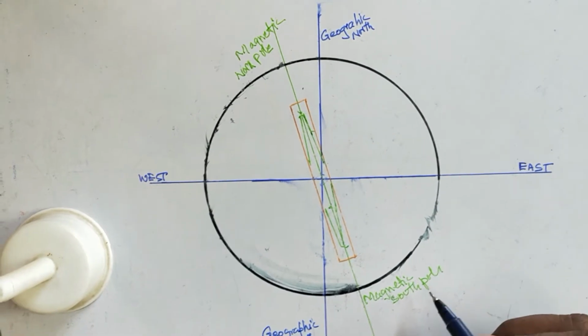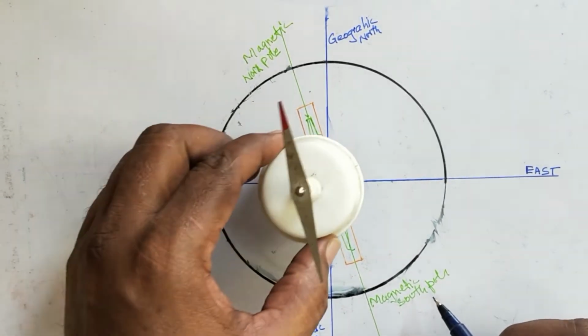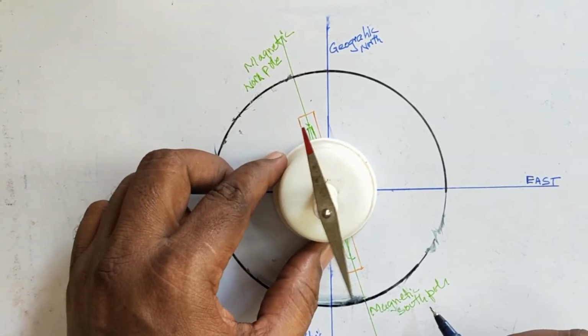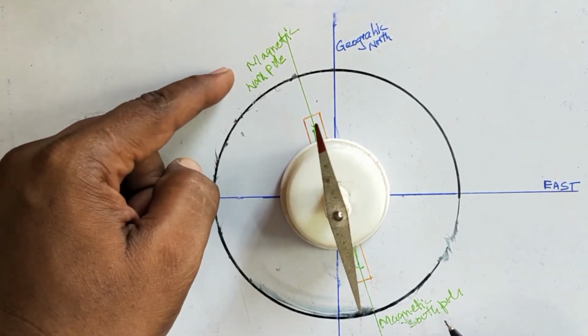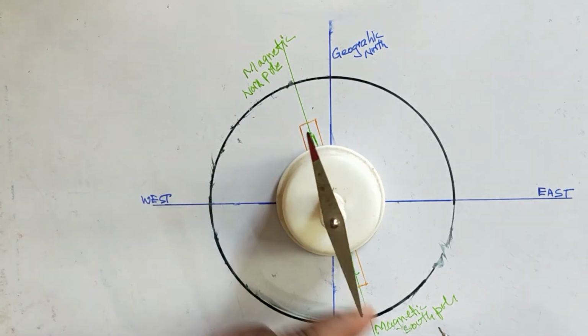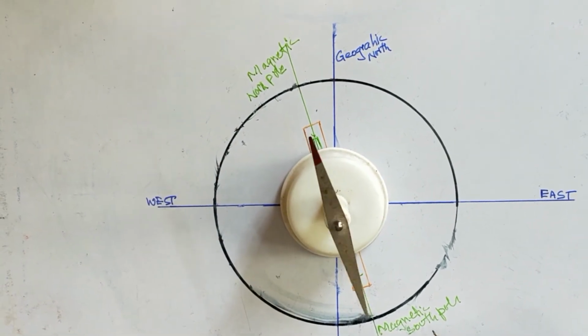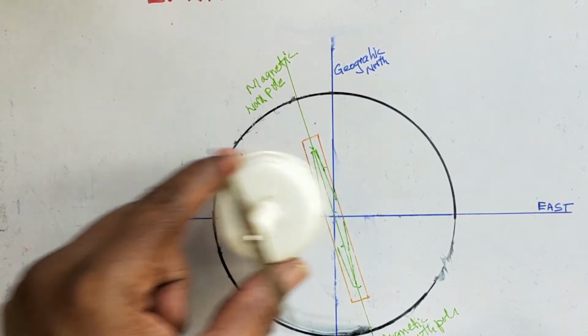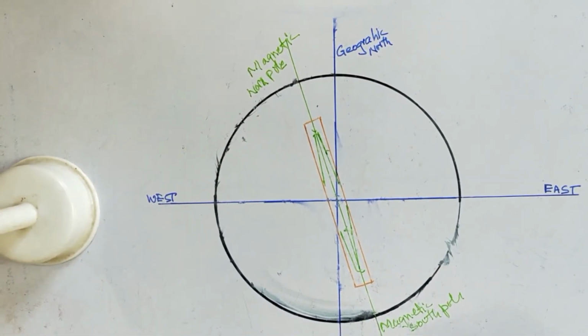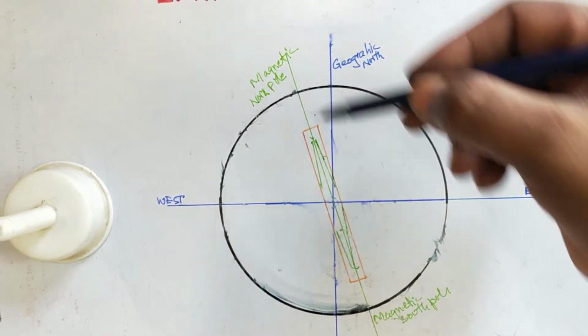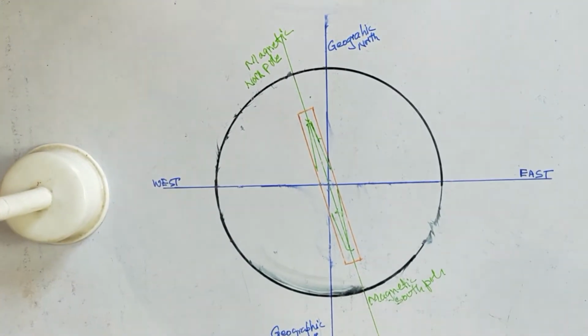Because when I place the magnetic compass on the board, on the surface of this earth, this is the north. Therefore I marked this as magnetic north pole and this is the magnetic south pole. So the geographical north and geographical south are different. Magnetic north and magnetic south poles are different.